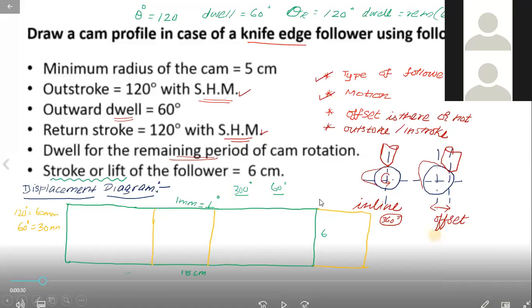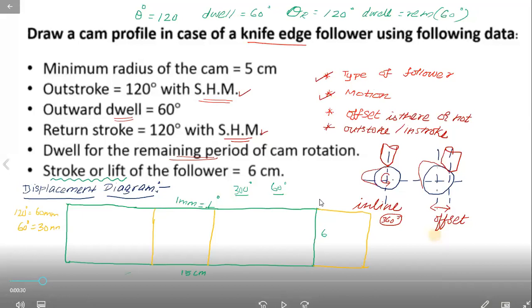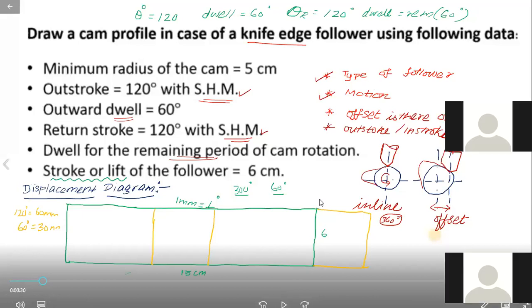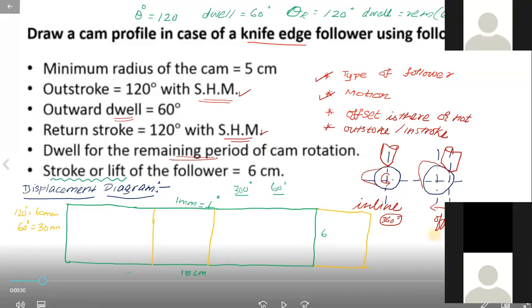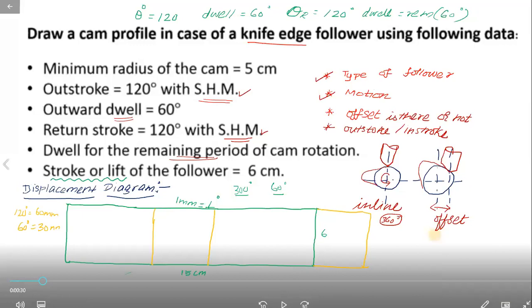Sanjit. Roshan. Murugappa is going to show the displacement diagram.